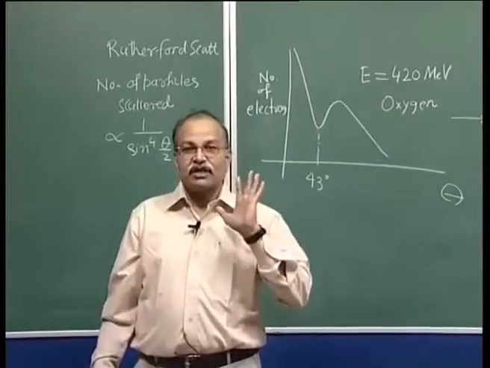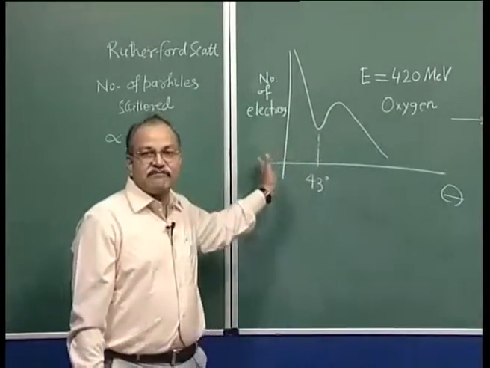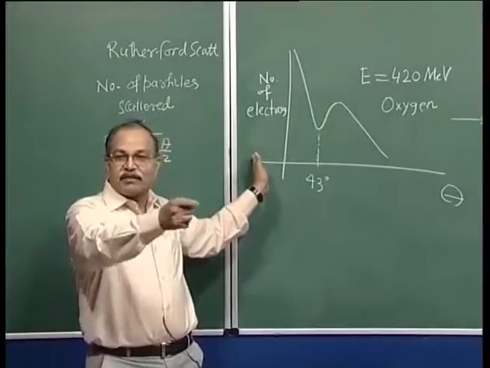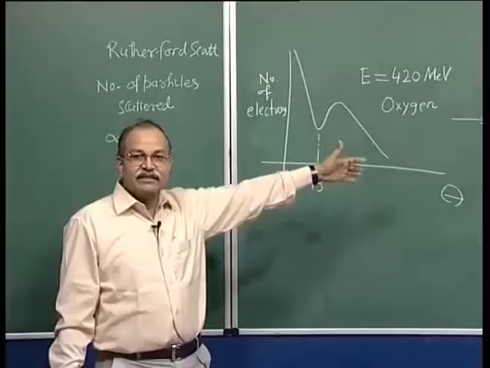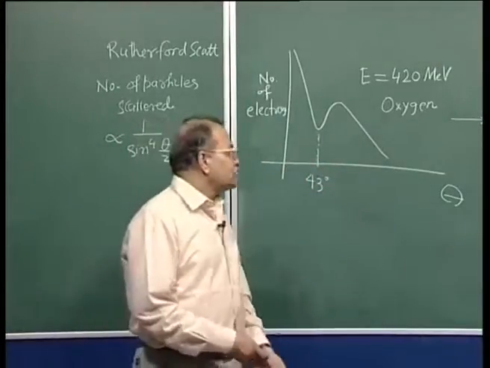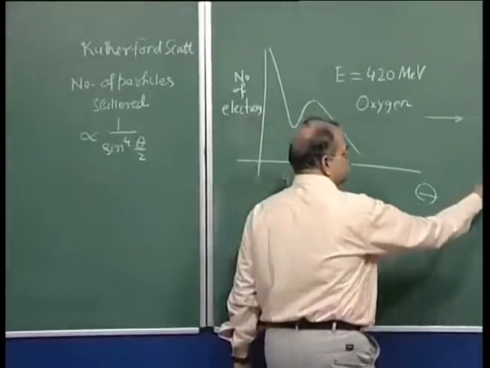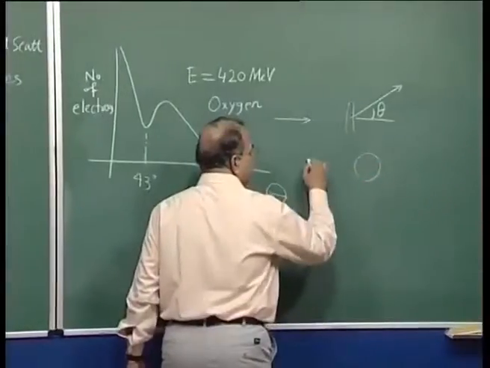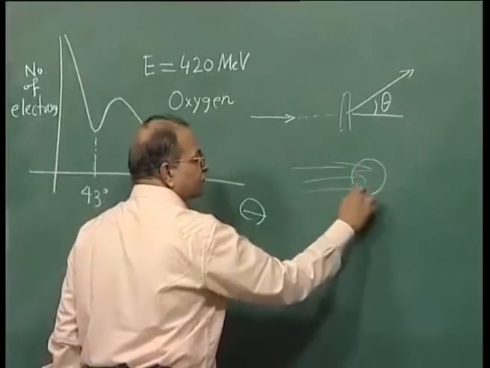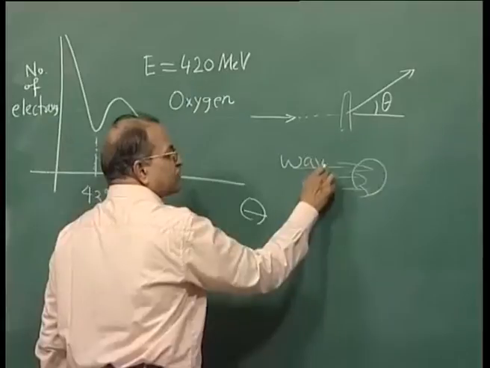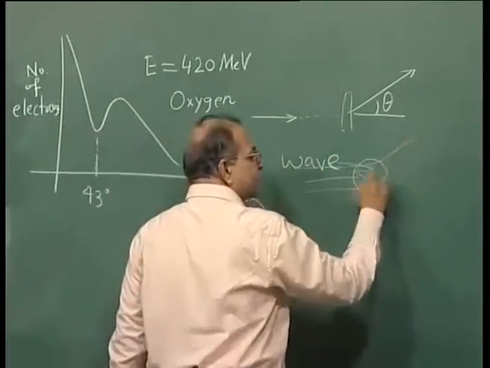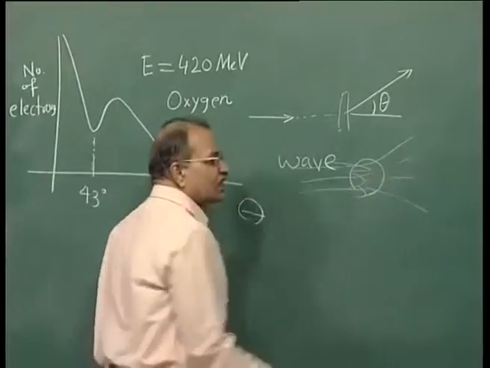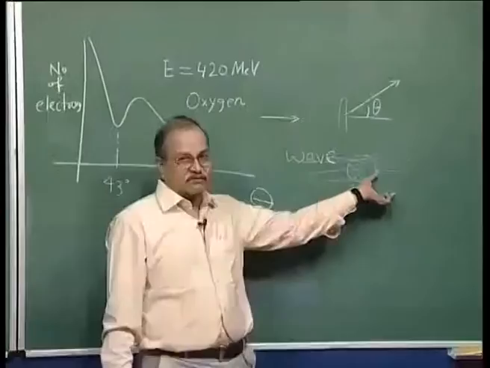Now, when the electron comes as a wave, this formula was derived for a particle interaction. So, now the quantum effects are there and the electron is a wave, and if you have a nucleus and this electron wave is going and getting scattered from here, it is a kind of diffraction.